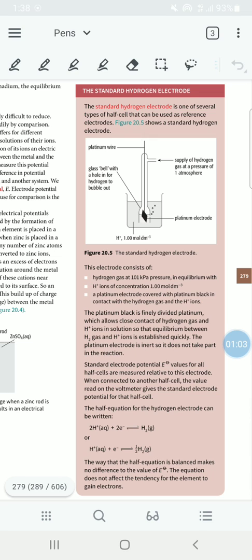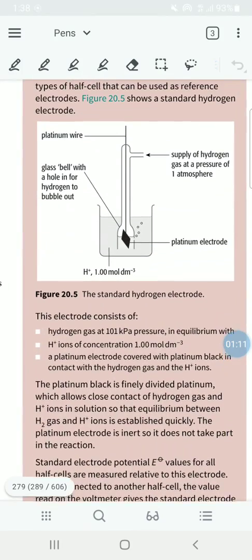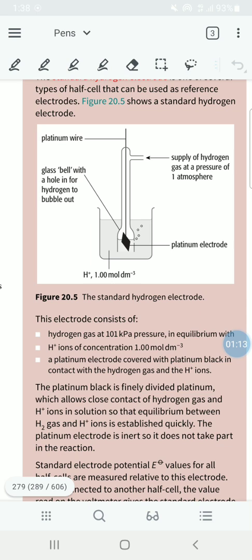So basically this is the setup. The diagram, figure 20.5, shows the setup of this standard hydrogen electrode. What happens is there is H plus in some acidic environment with a concentration of 1 mole per cubic decimeter. That's the standard concentration.